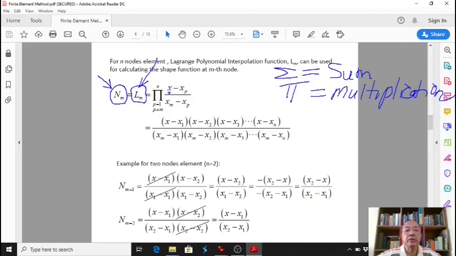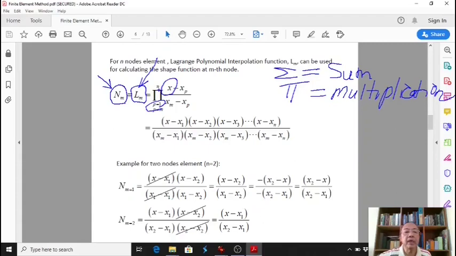X refers to the x position just now, minus xp. P starts from 1, so this is the index, and the index goes from 1 to n.